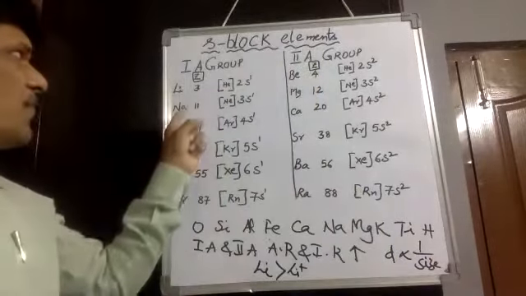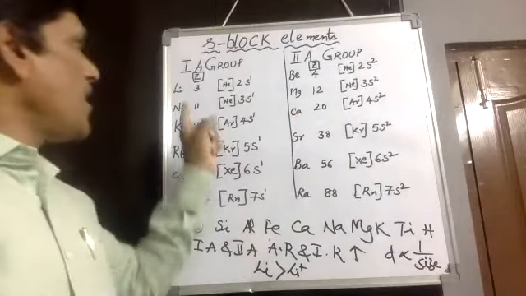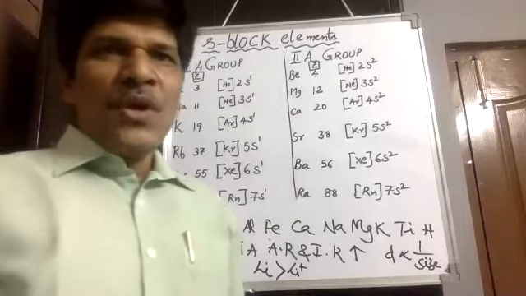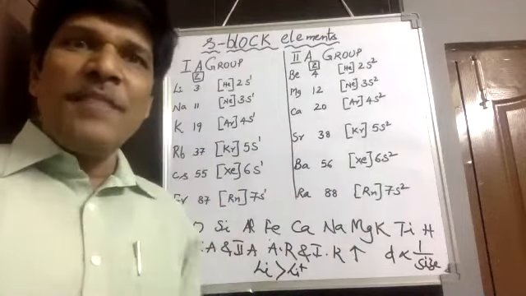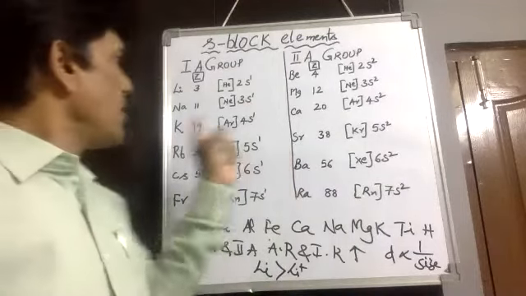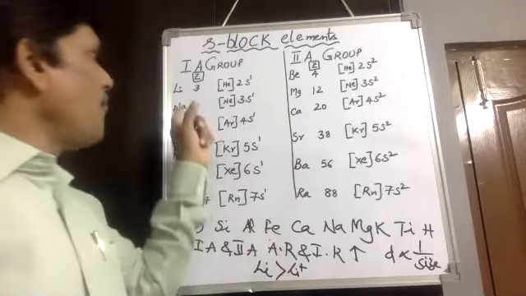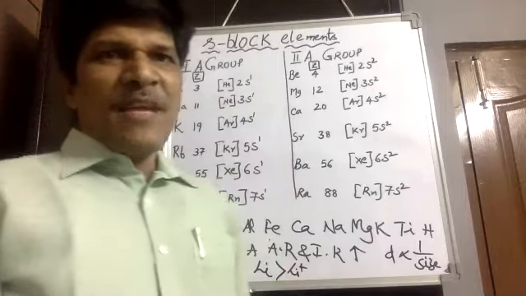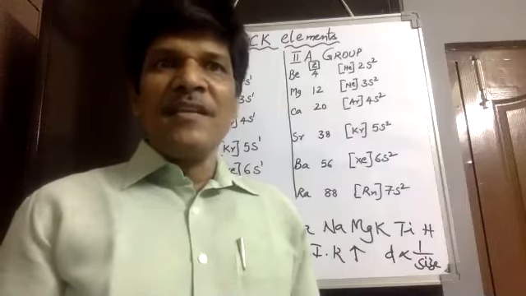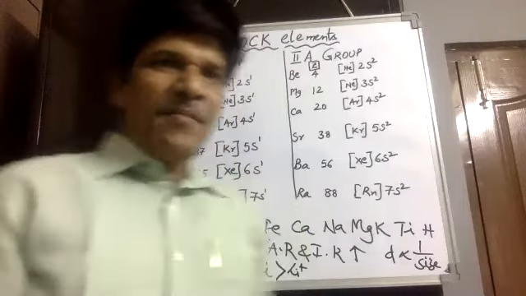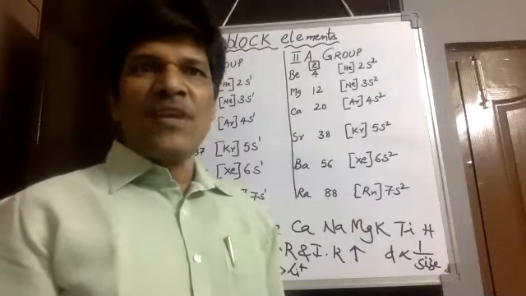But in the case of potassium and calcium, densities are lesser when compared to sodium and magnesium due to vacant penultimate d orbitals, and an anomalous increase in the volume of these elements. But for all the remaining elements, densities gradually increase moving down the group.